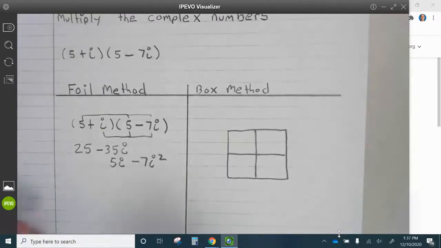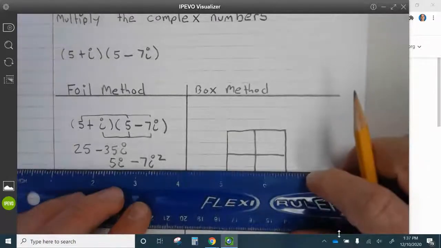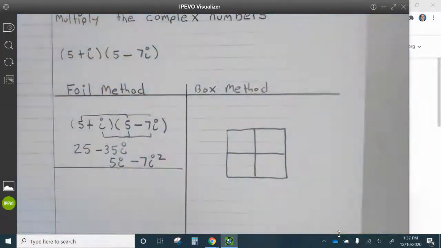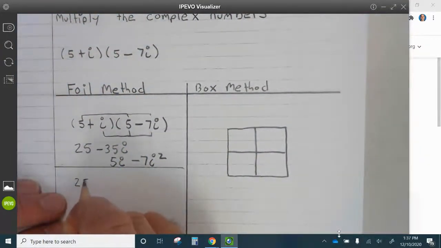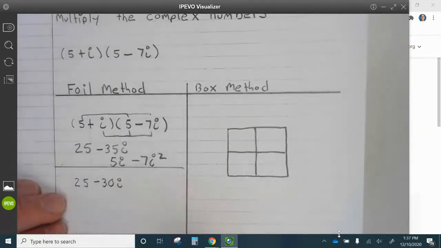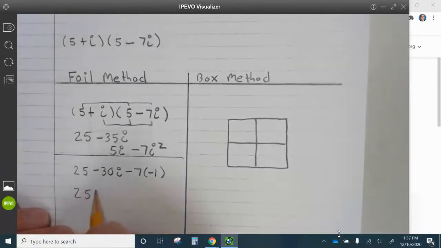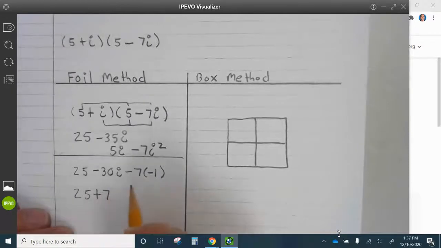Okay, so now we have 25 minus 30i minus 7 times negative 1. So then that's 25 plus 7 minus 30i.